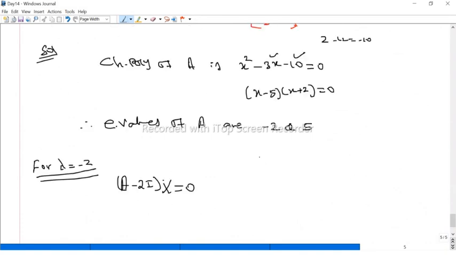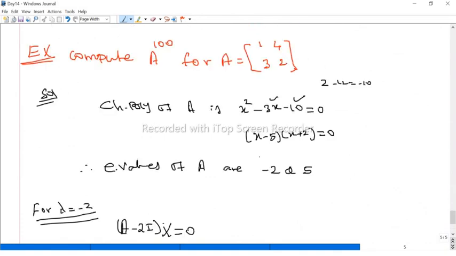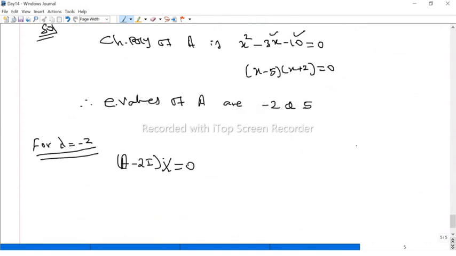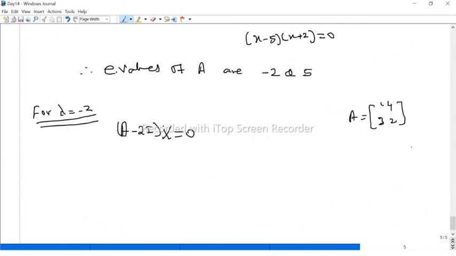So what is A minus 2I? A is 1, 4, 3, 2. Just subtract minus 2 only on the diagonal. Now if you subtract minus 2, we get minus 1, and this is 4, this is 3, 2 minus 2 is 0, and this times X, where X is x, y, equal to 0, 0.